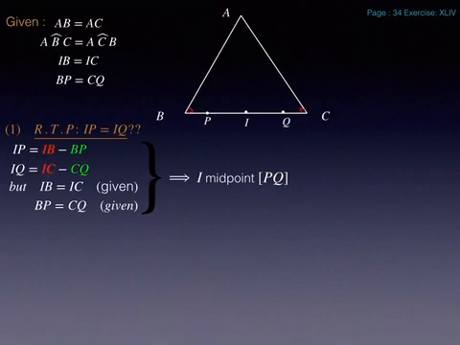In question 2, we have given that the perpendicular drawn from P to BC cuts AB at point M, and the perpendicular drawn from Q to BC cuts AC at point N. And the question is, prove that the two sides BM and CN are equal.